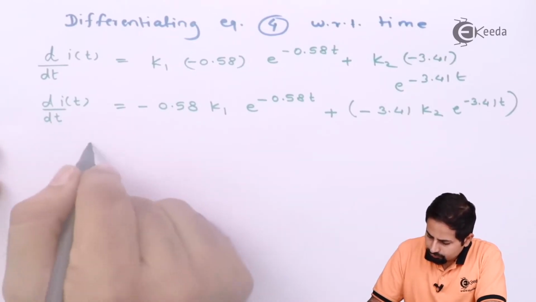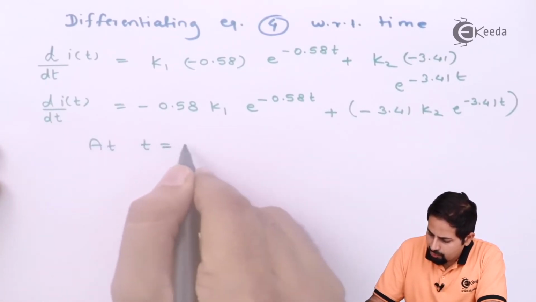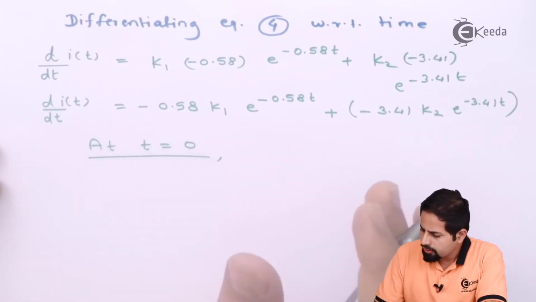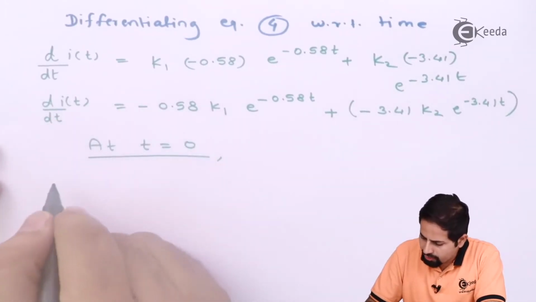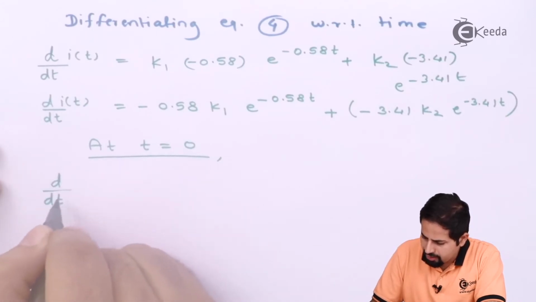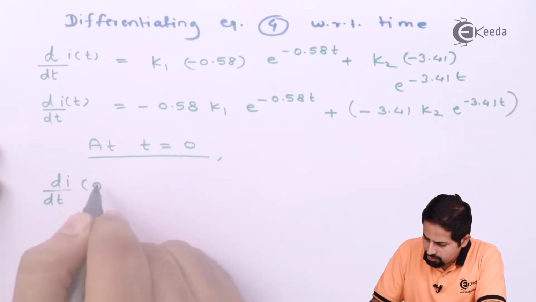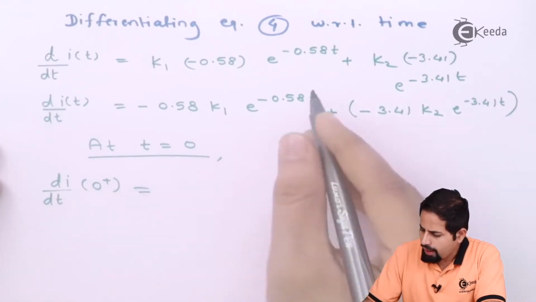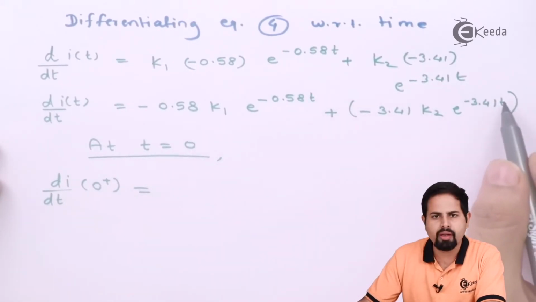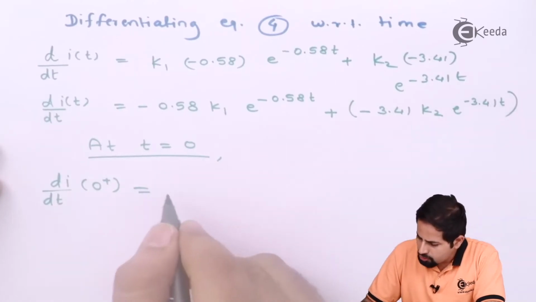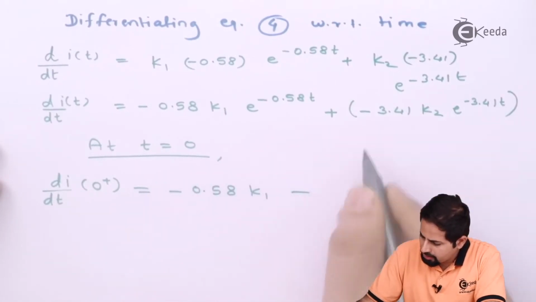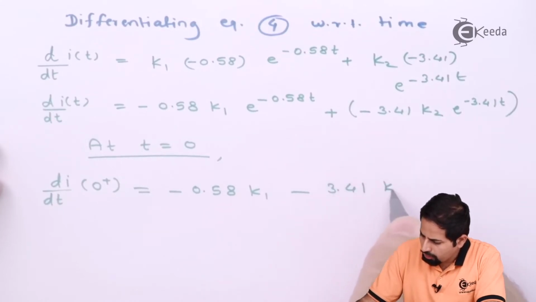So at t equal to 0, it will give d by dt at 0 plus equal to, now t becomes 0, so e raised to 0 will be 1. So minus 0.58 k1 minus 3.41 k2.